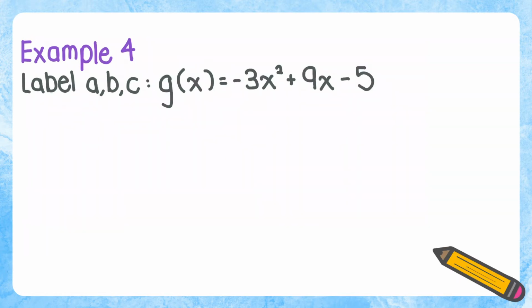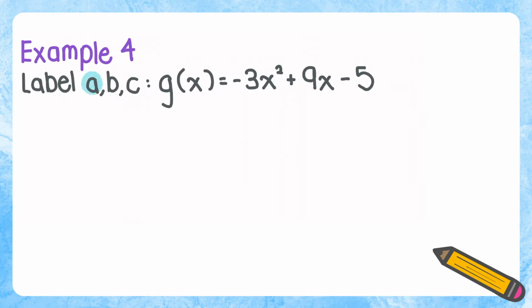For our fourth example, we have g of x equals negative 3x squared plus 9x minus 5. Let's identify a, b, and c. So a is the coefficient of the quadratic term.